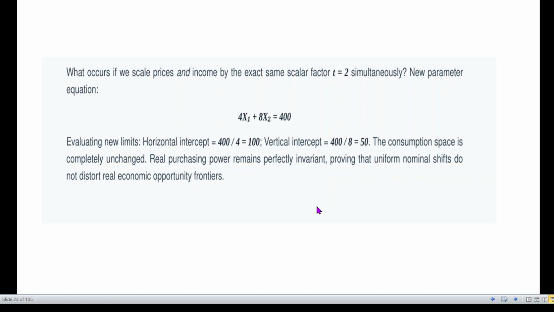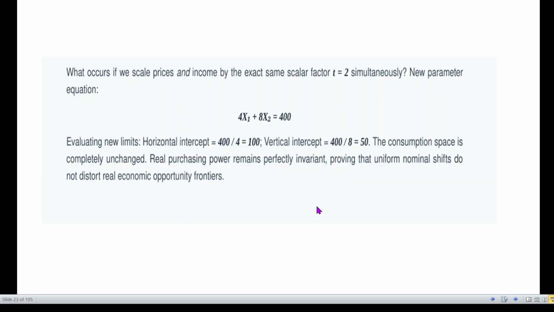The new parameter equation is 4x1 plus 8x2 equals 400. Evaluating the new limits, the horizontal intercept is equal to 400 divided by 4, which is 100, and the vertical intercept is equal to 400 divided by 8, which is 50. The consumption space is completely unchanged. Real purchasing power remains perfectly invariant, provided that uniform nominal shifts do not distort real economic opportunity frontiers.